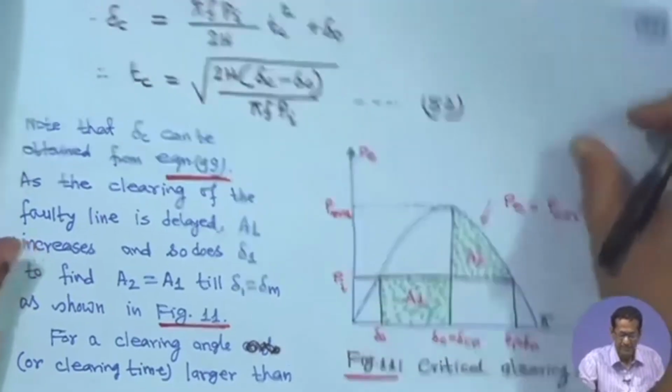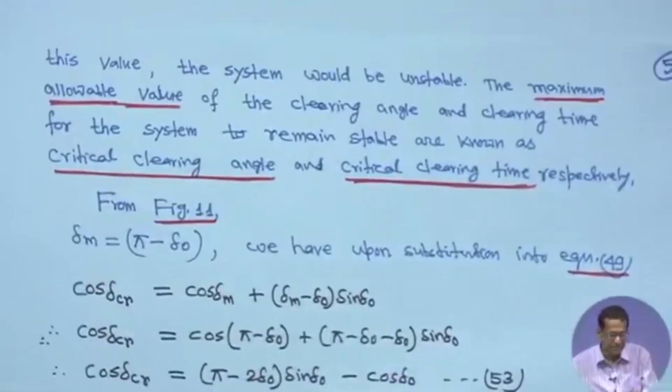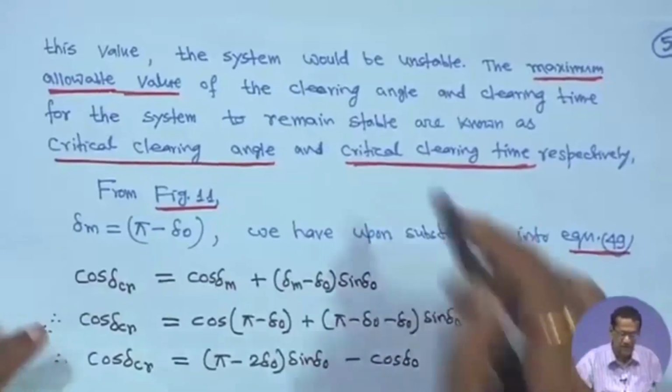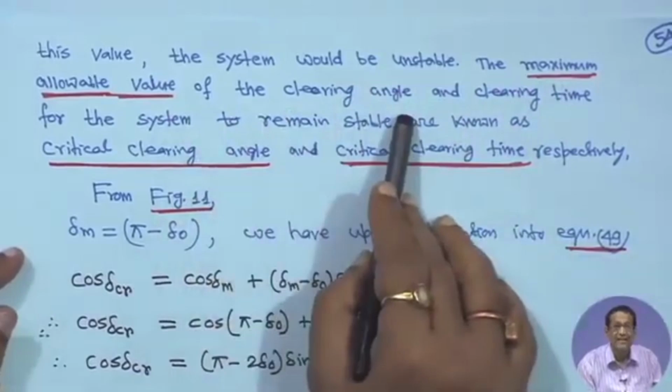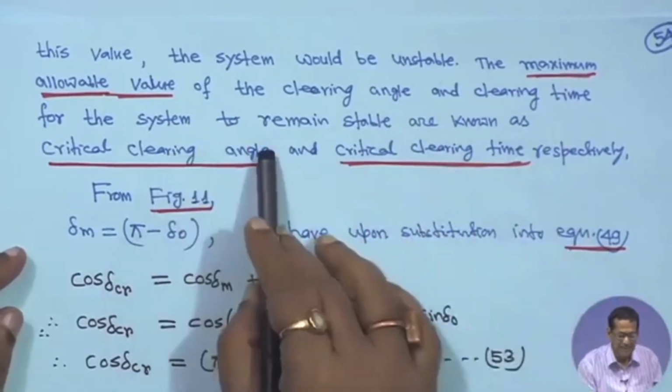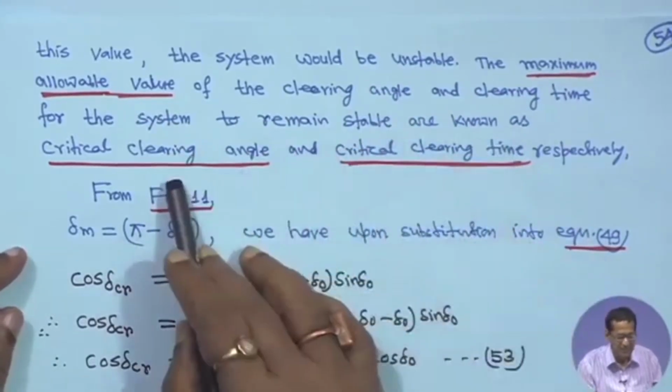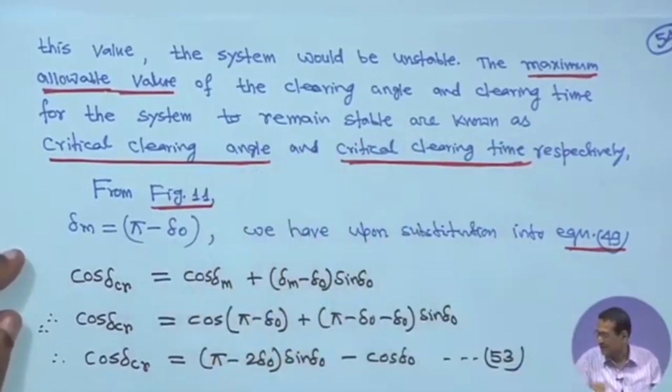The maximum allowable value of the clearing angle and clearing time for the system to remain stable are known as the critical clearing angle and critical clearing time.